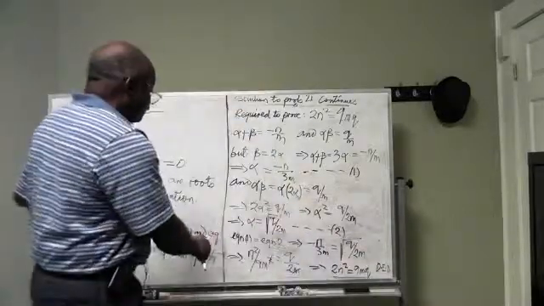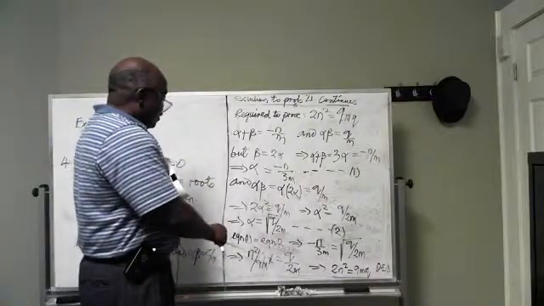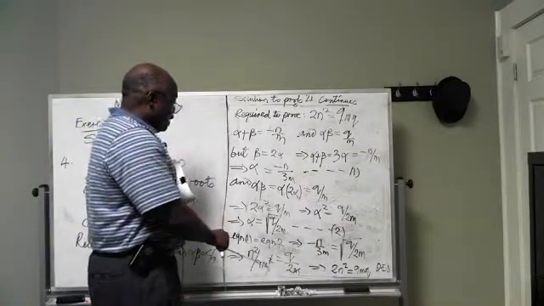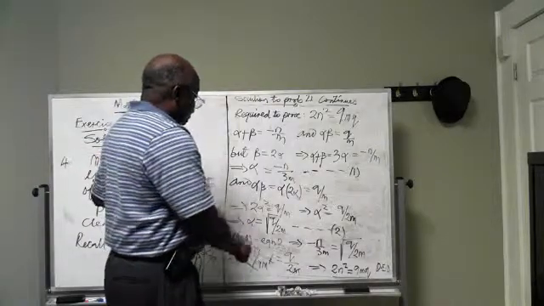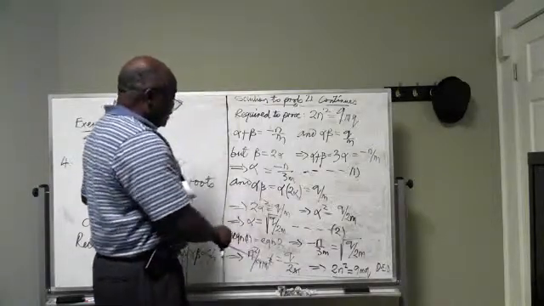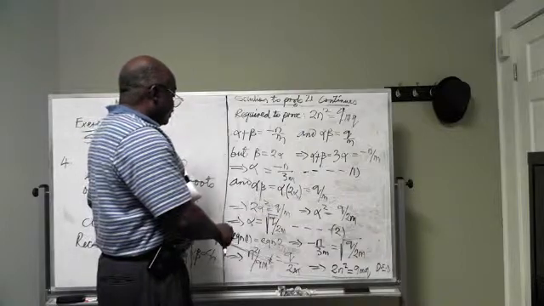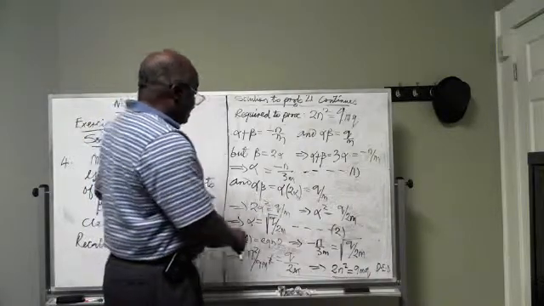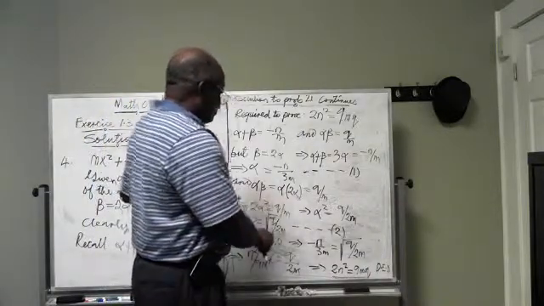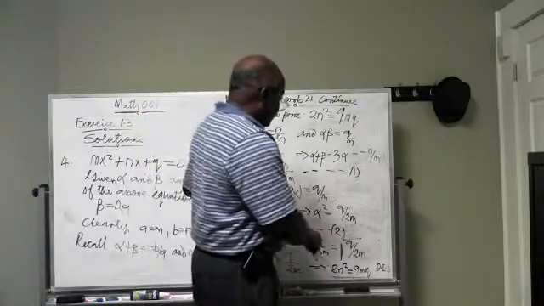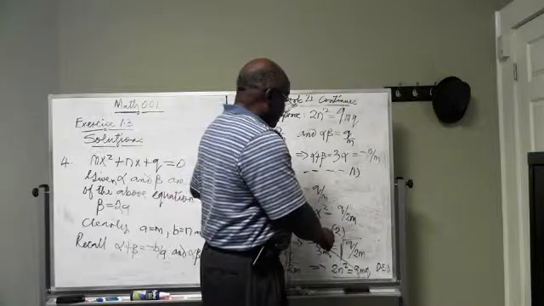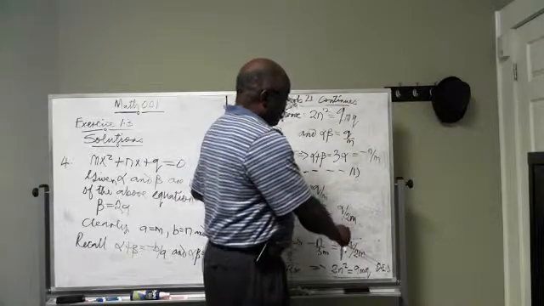Squaring both sides yields n squared over 9m squared equals q over 2m. So this m cancels this, that remains, that gives us n squared over 9m equals q over 2. If we cross multiply, this gives us 2n squared equals 9m cubed, and our proof is complete.